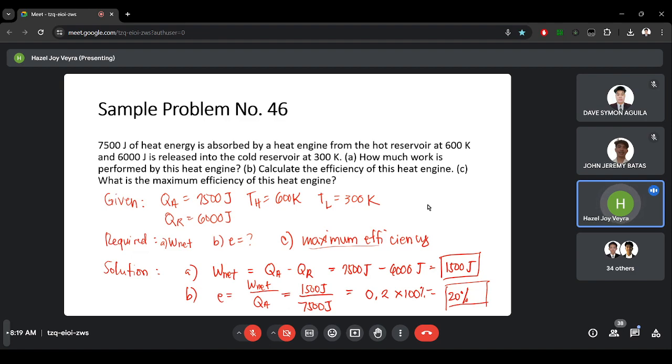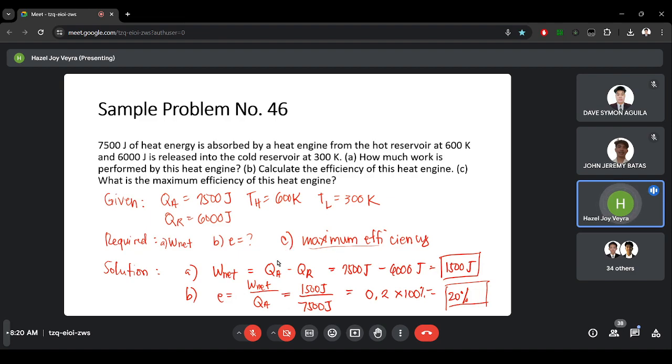However, in the maximum efficiency, what we put into consideration is only the temperature, the high and low temperature. And if we base the efficiency on temperature only, we are going to get the maximum efficiency. Ulitin ko.